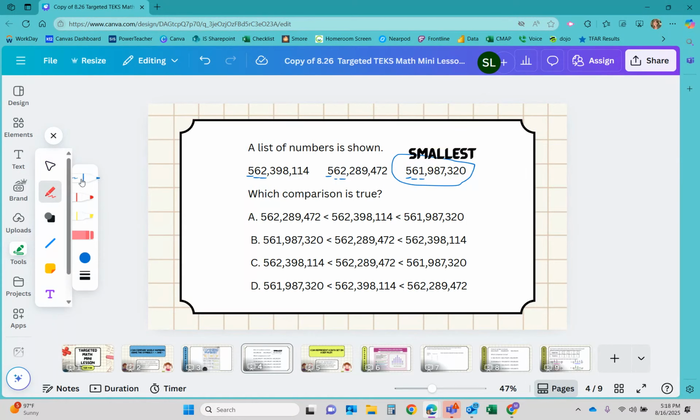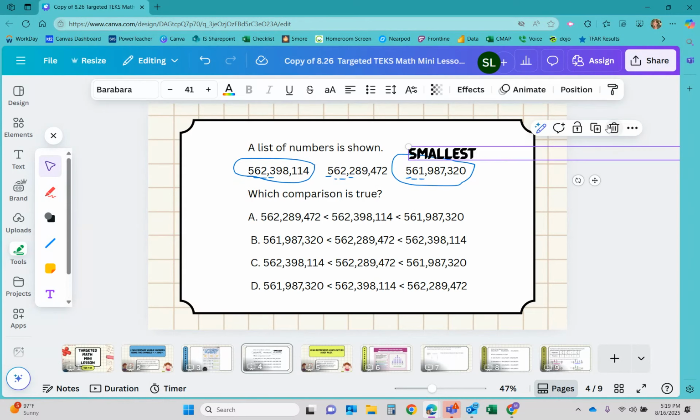Alright, so now that we've got that one out of the way, we're going to look at these two. We're going to go to the next place value. Since they both have a 2 in the millions place, we're going to go to the hundred thousands, and we have a 3 and a 2. Well, 3 is larger than 2, so this number right here is going to be our largest.